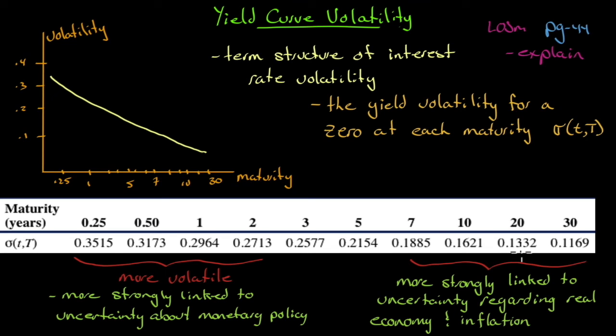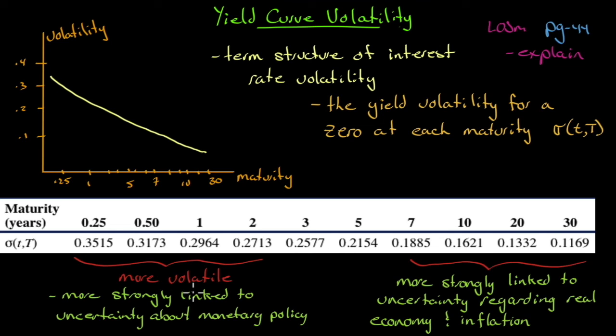And what practice and research has been able to find is that the short end of the curve is more volatile than the long end of the curve, but that this volatility is more strongly linked to uncertainty about monetary policy, and that seems to make sense.